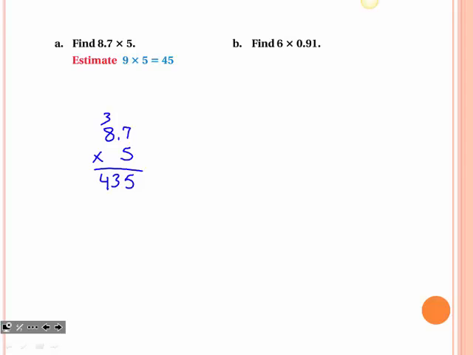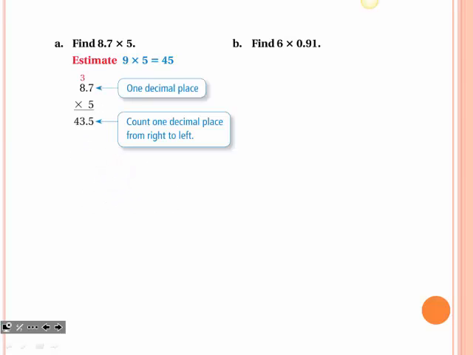But you have to always go back and say, how many decimal places do I have? I have 1. So that means I need 1 in my answer. So that's exactly what I do. And my answer is 43.5, which you can see right here is what they get too. Okay? So we're going to count 1 decimal place from the right, and you get 43.5.